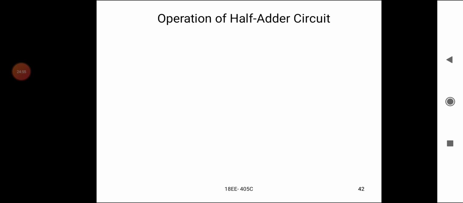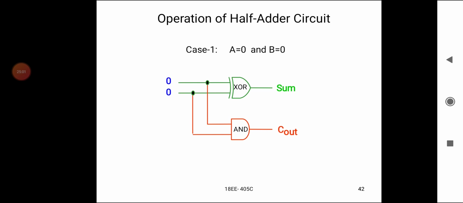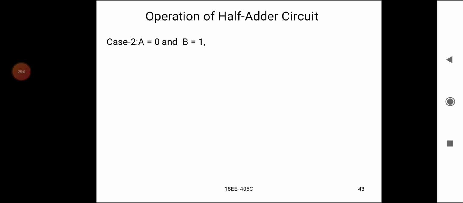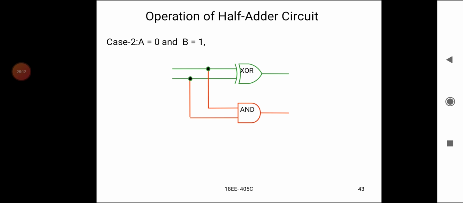The operation of the half adder circuit. Case 1, A is equal to 0, B is equal to 0. The sum is 0 and carry is 0. In case 2, A is equal to 0 and B is equal to 1, sum is equal to 1, carry is 0.